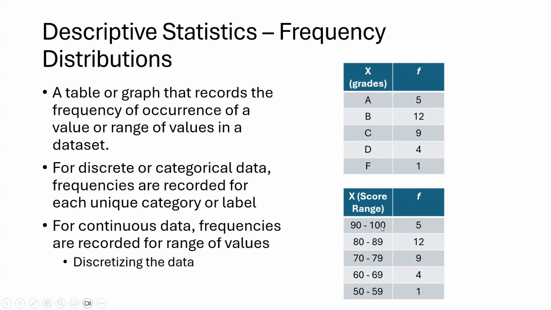Yeah, any value between 90 and 100 inclusive will be counted as belonging to this interval. Similarly, values from 80 to 89 will come here, 70 to 79 will come here, and so on. So this is for the continuous data, and this is for the discrete data case.